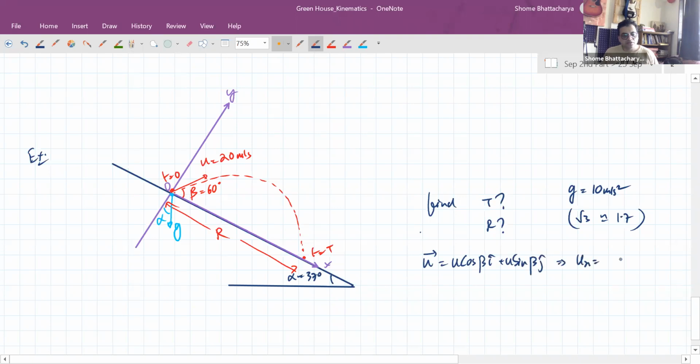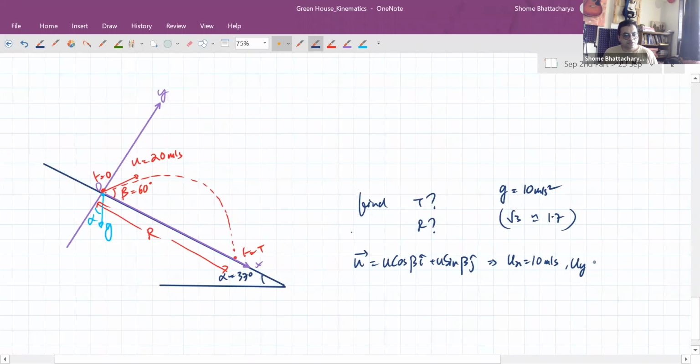So our x component of initial velocity is becoming 20 cos 60, so that's 10 meters per second. And our y component is becoming 20 sin 60, so 10 root 3 meters per second, or approximately 17 meters per second. Okay. So these are the two important things.